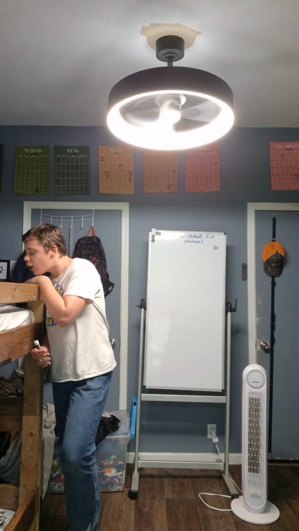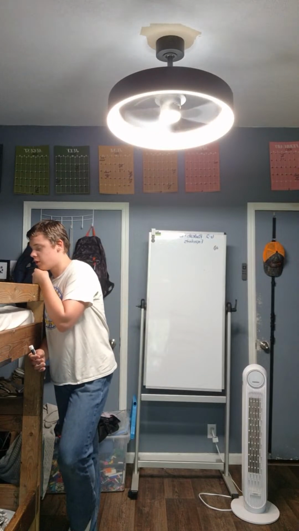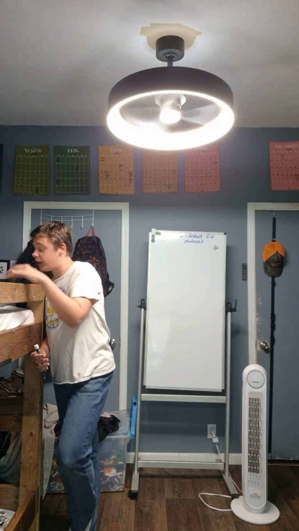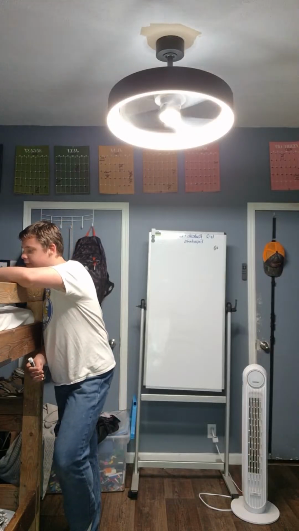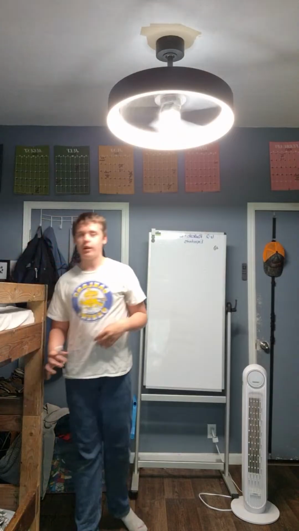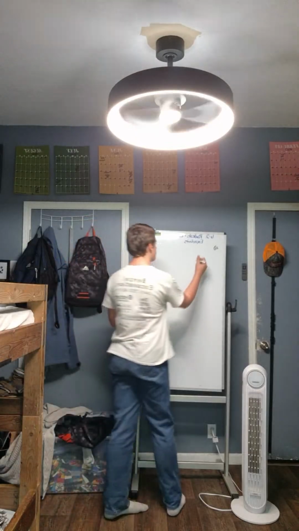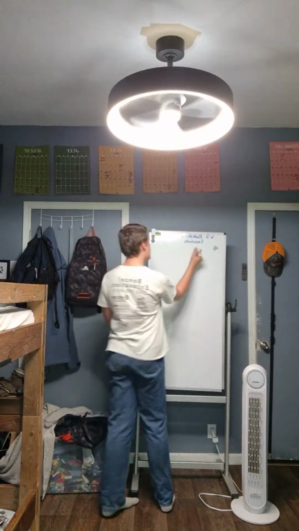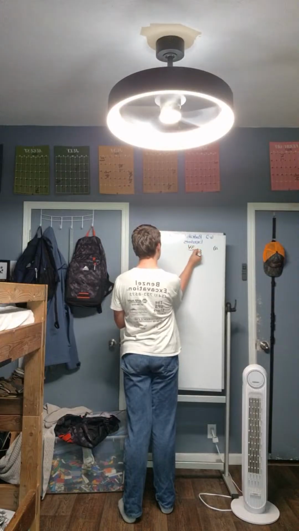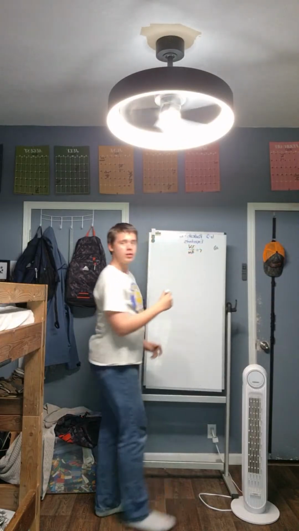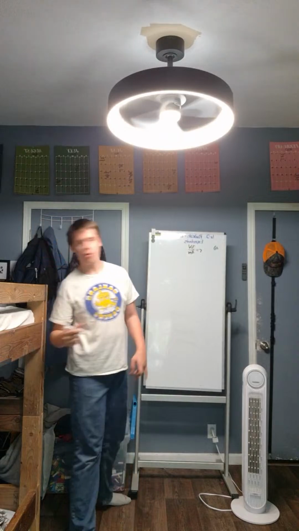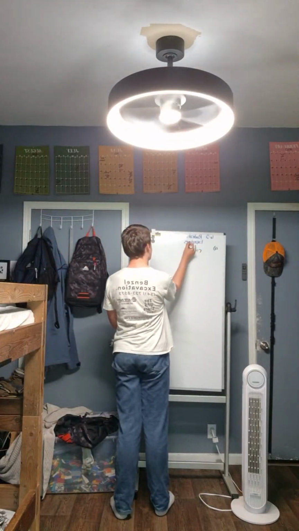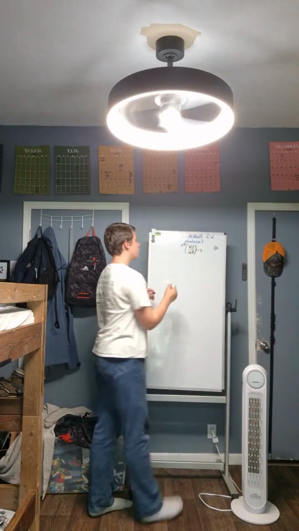The radius R of a sphere is given by the equation R equals 3V divided by 4 pi, to a power of 1/3, where V is the volume of the sphere.